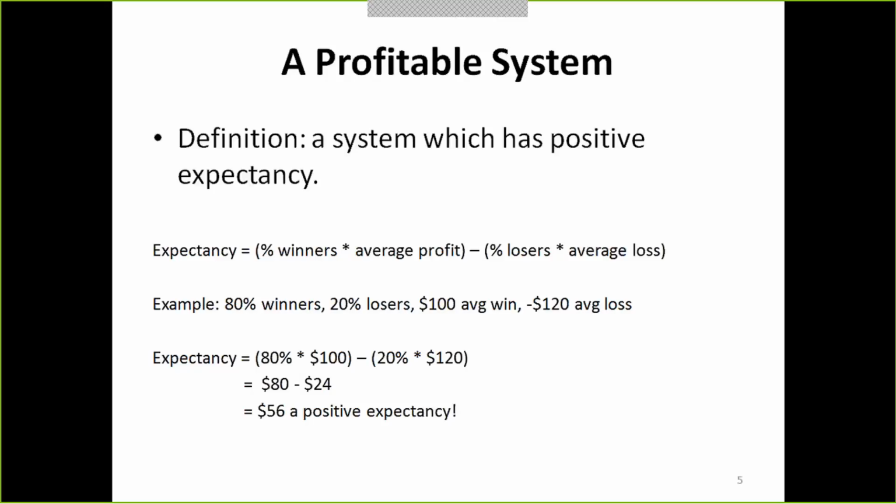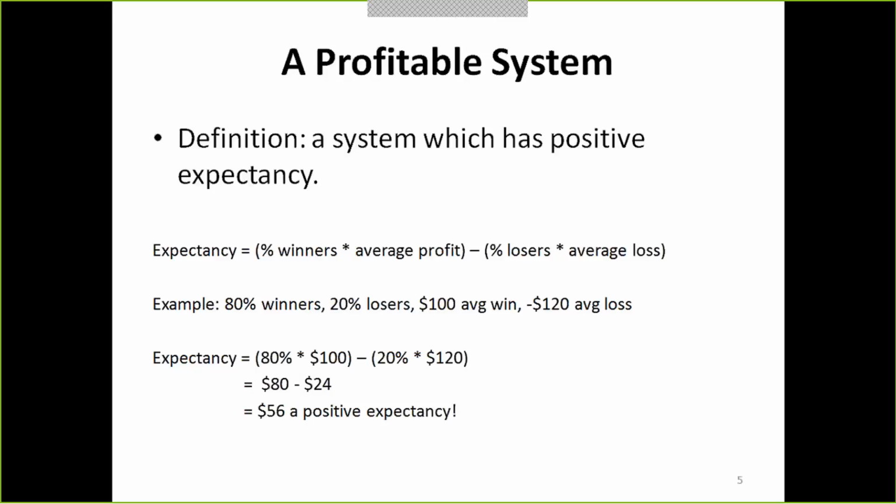So an example might be if you have a system that has 80% winners and 20% losers, and on an average winning trade, you make $100. On an average losing trade, you lose, say, $120. So your expectancy here would be 80% times $100 minus 20% times $120.